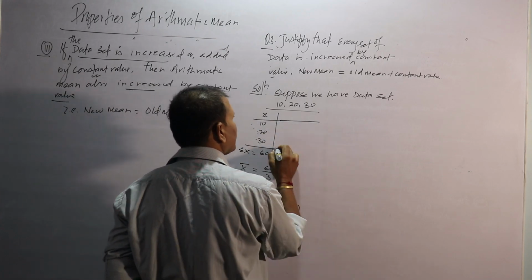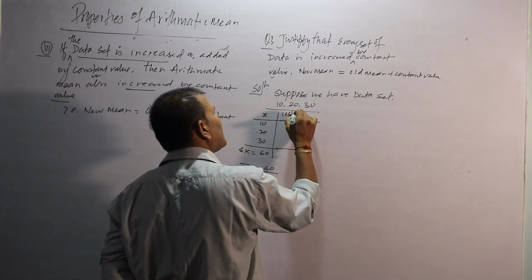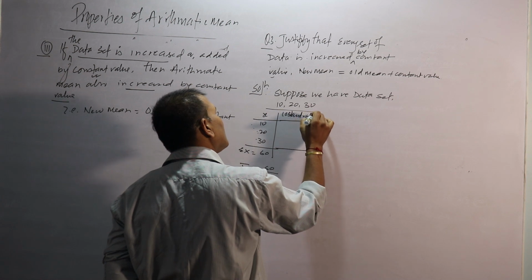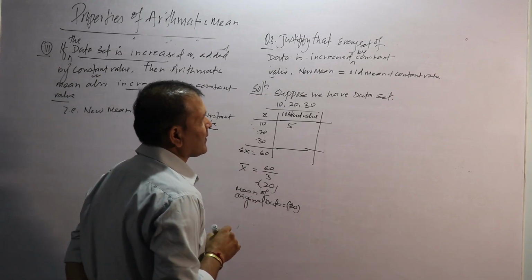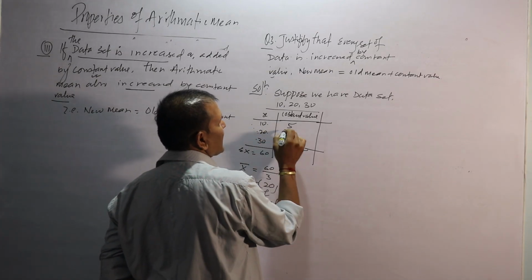Suppose we assume the constant value 5. Then every data is increased by the constant value 5.